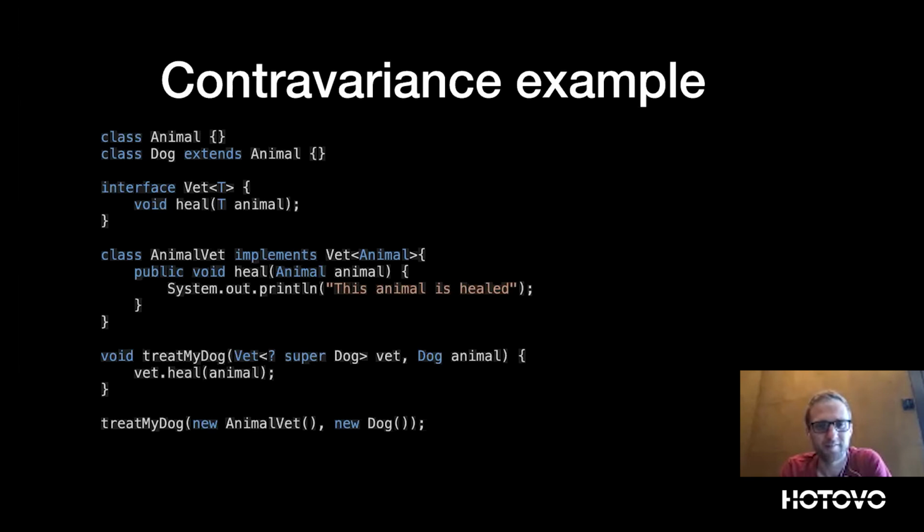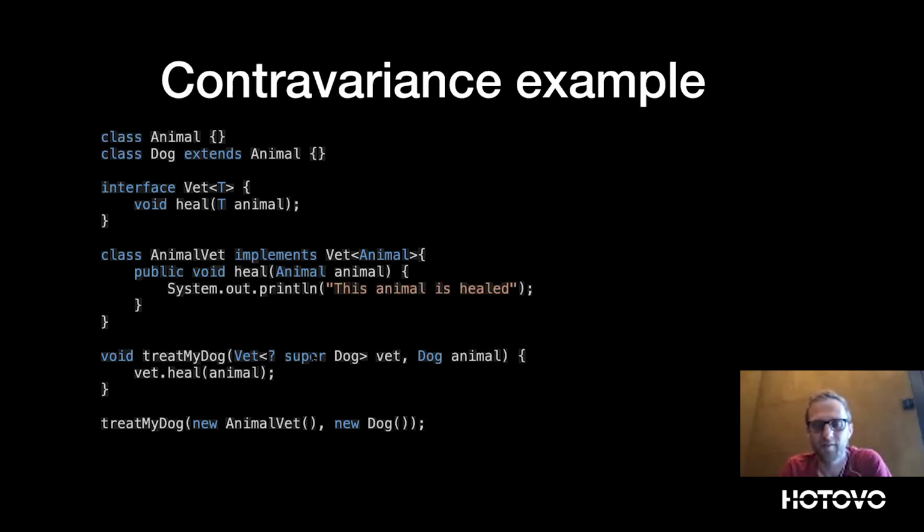Since the Vet here is declared with the contravariant type, Vet of dog T, this means that I can provide any vet which can treat any animals, like I'm doing here. So this is the call site variance in Java. So I pass in an animal vet which accepts dog.